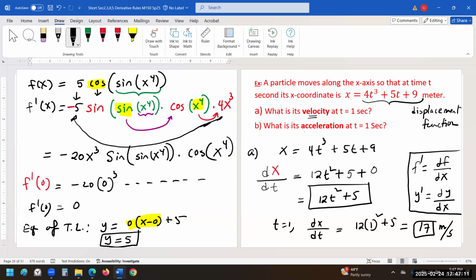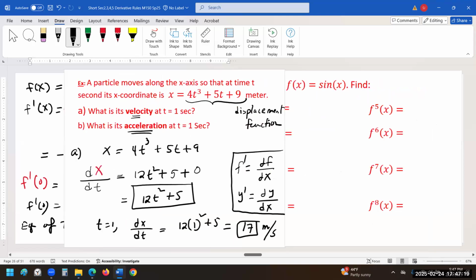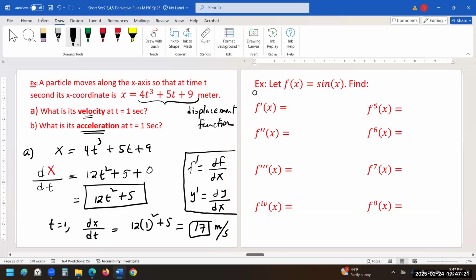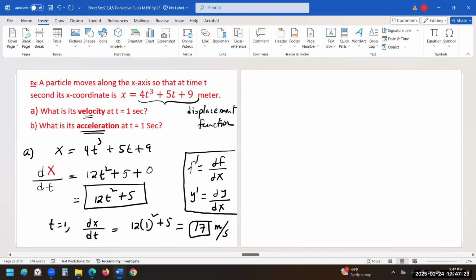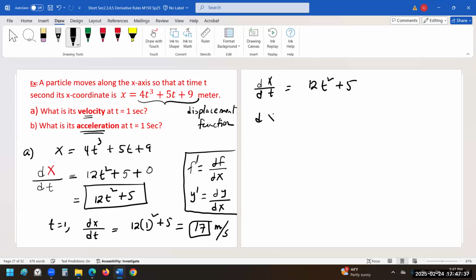Now, second, they want us to find the acceleration. What is acceleration? The second derivative. So first derivative is only dx/dt, and it's 12t² plus 5. The second derivative we write as d²x/dt².